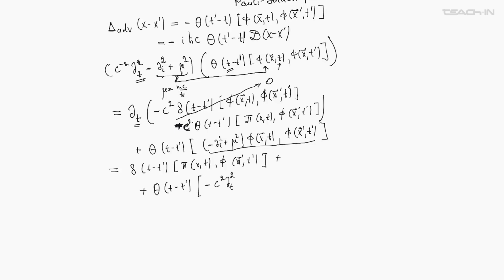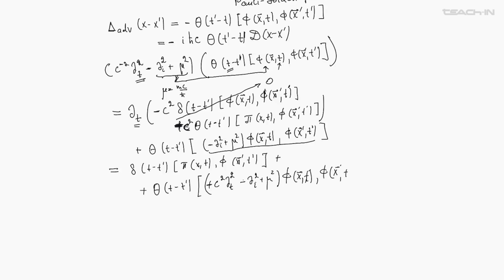So I will get plus c squared dt squared minus di squared plus mu squared, all this acting on field phi on xt, and then phi on x prime t prime, like this.